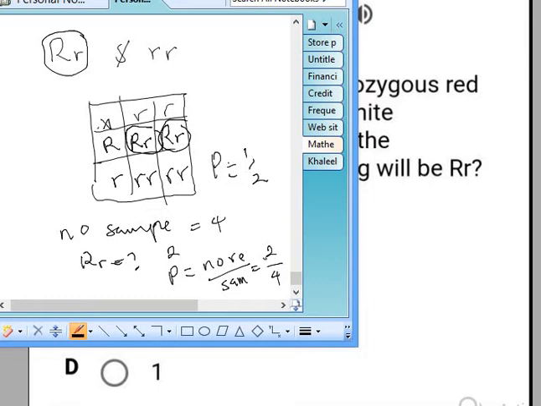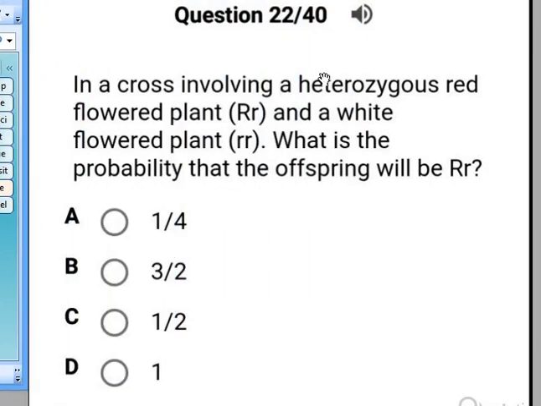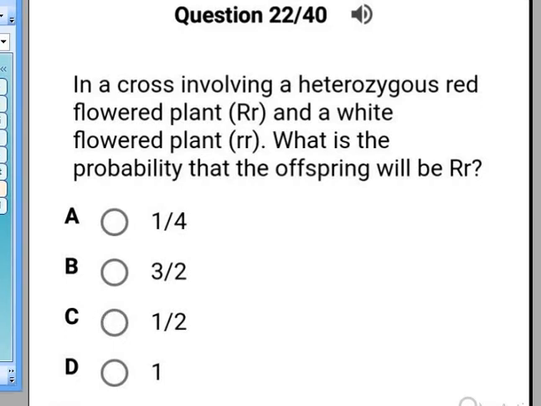The probability is half. Back to the options: here is 1 over 4, here is 3 over 2, here is 1 over 2, and here is 1. So the best option here is option C. Let's move to the next question.